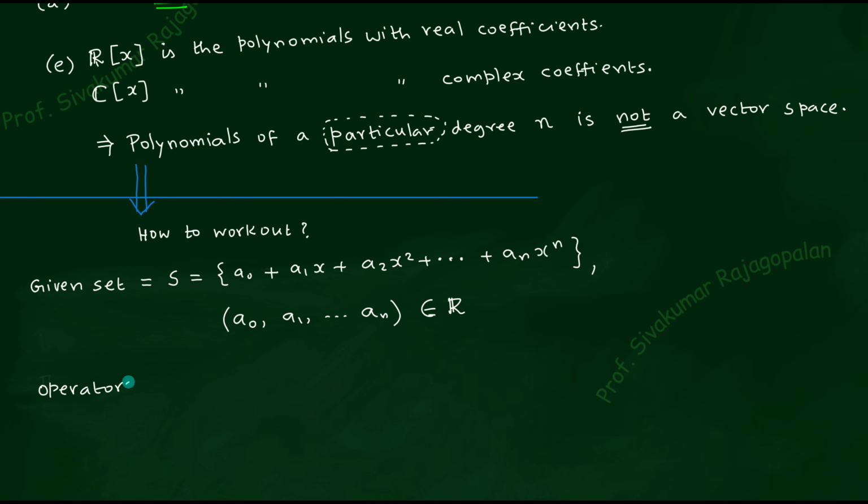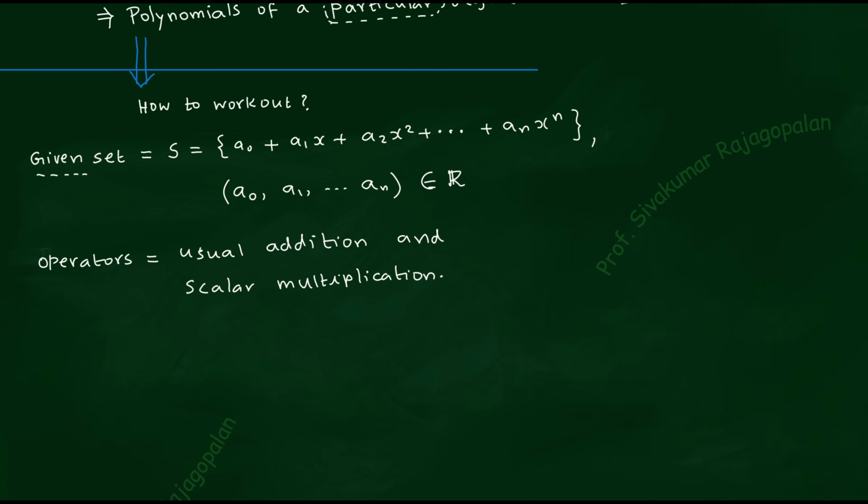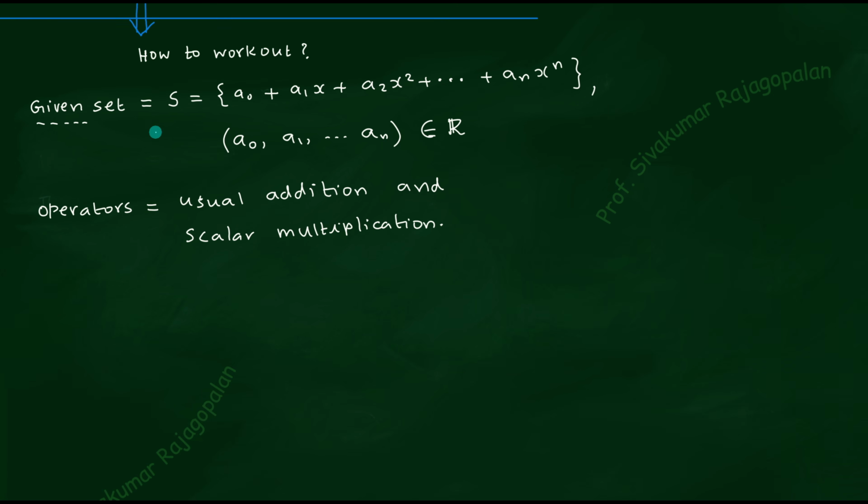And once you have that, we have a set and the operators are standard addition, that is what I mean to say, usual addition, and scalar multiplication, so you have to write down the scalar multiplication. This is the general thing for the case of a vector space, always the usual addition and scalar multiplication. So the set is given to you, the operator is also given to you, and of course the field is the real number field, but that is something important.